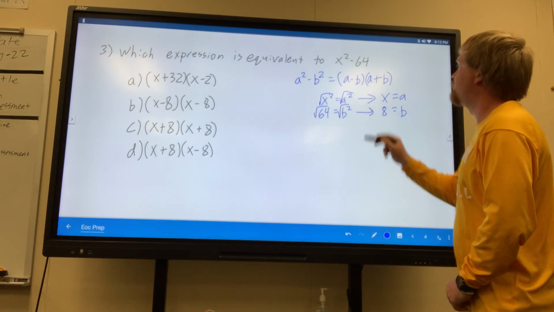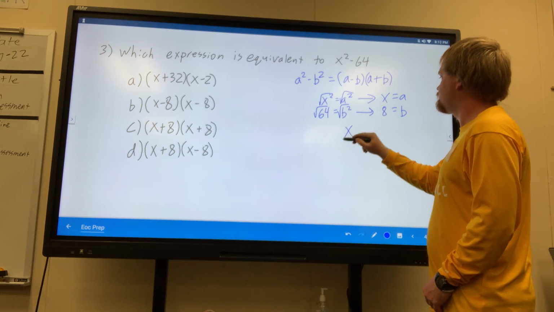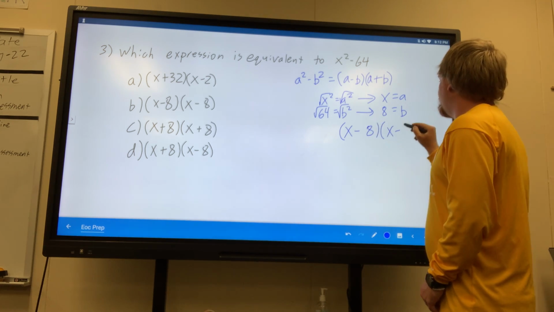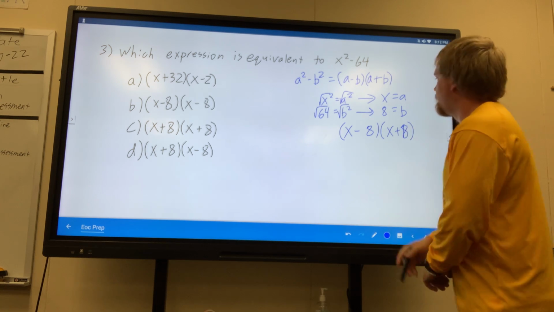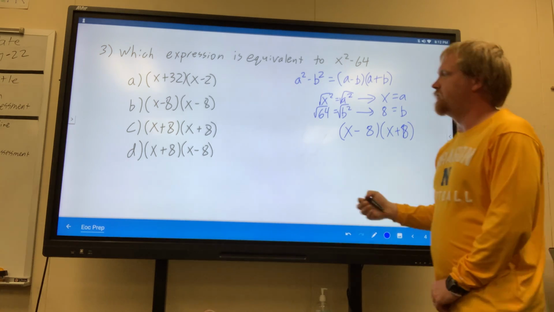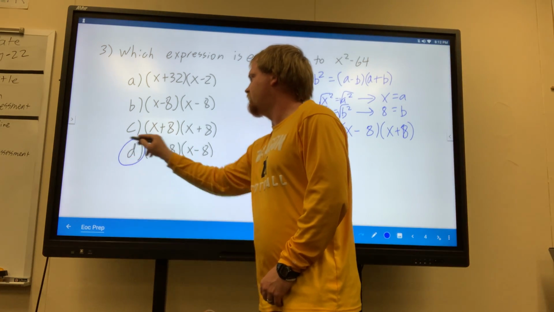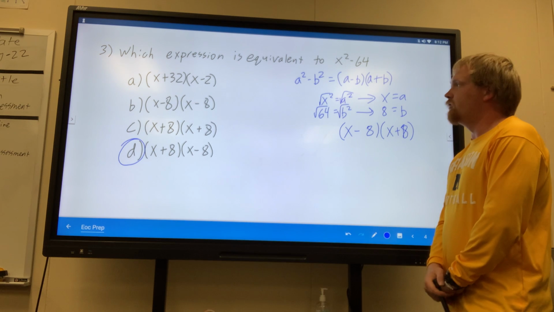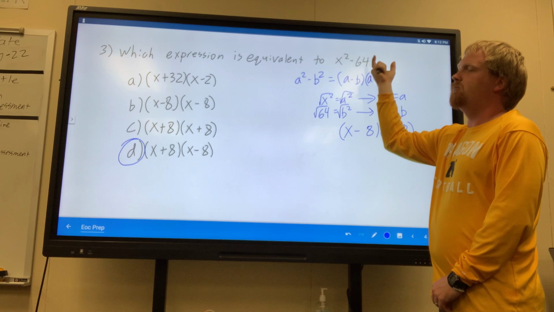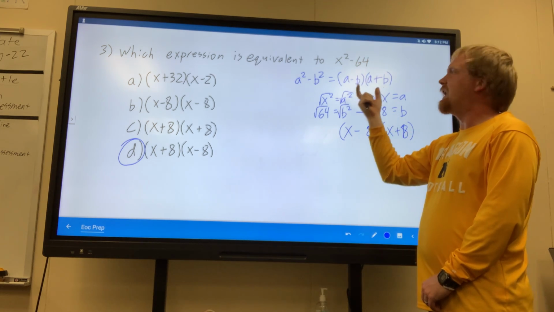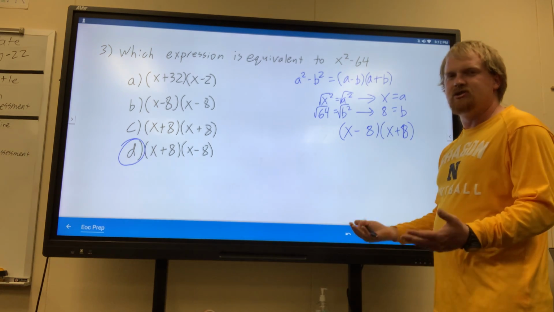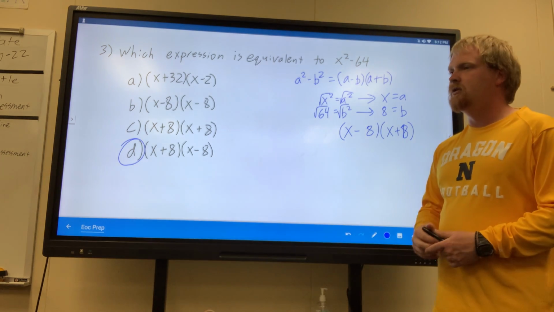So all I have to do is replace a with x and replace b with 8. So all I gotta look for is x minus 8, x plus 8, which is this one right here. So hopefully, as long as you remember this being a squared minus b squared, factoring it is just a minus b times a plus b. And you just gotta figure out what a and b are.